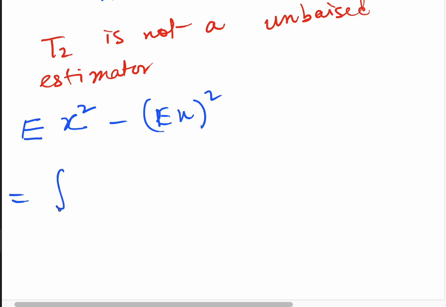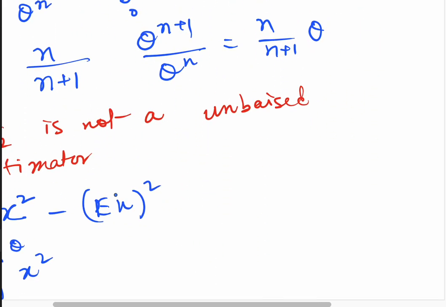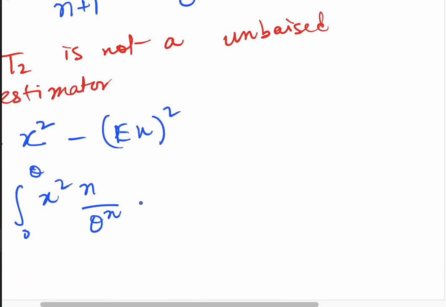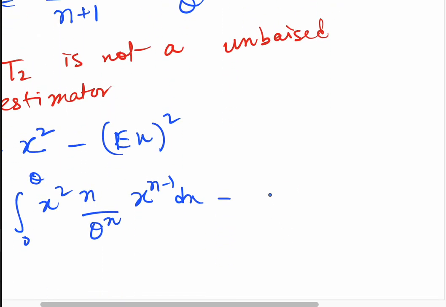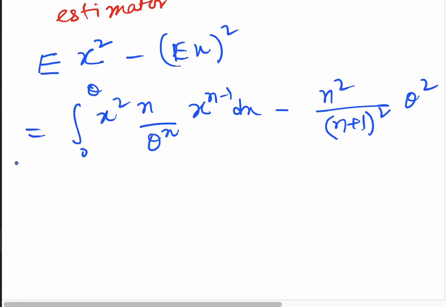So that is the integral from 0 to theta of x square times n by theta to the power n, x to the power n minus 1 dx, minus n square by n plus 1 square theta square.